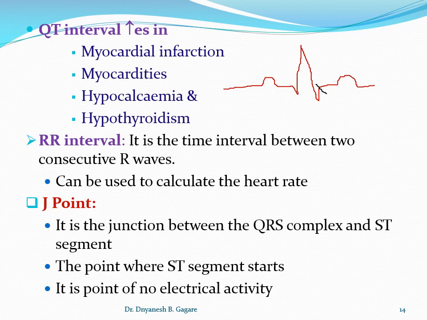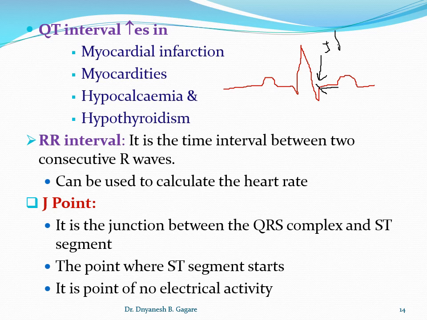So this is the J point, and you know this J point. So what is the J point? It indicates that it is a junction between the QRS complex and the ST segment. The ST segment starts from this point.